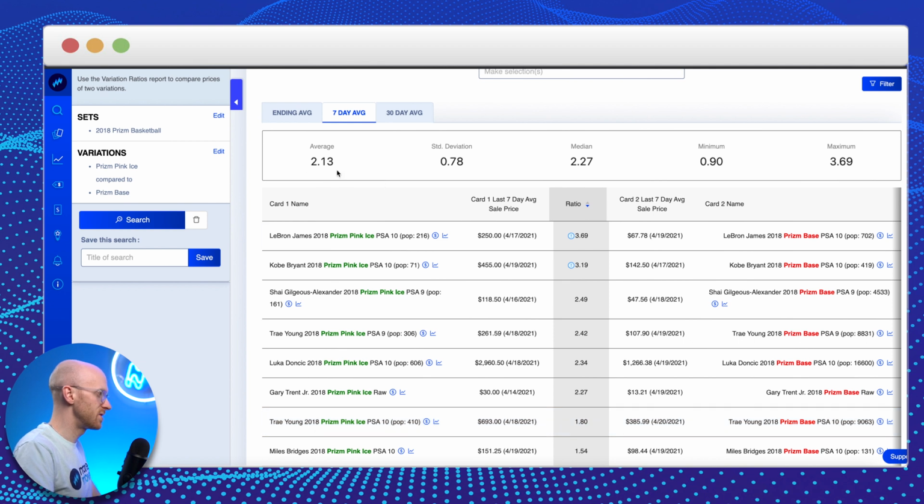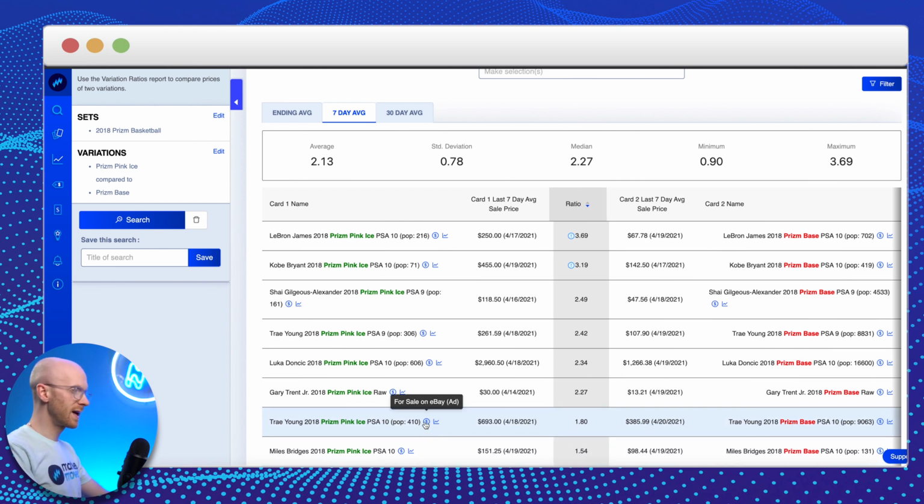Now the overall average is 2.13. The PSA 9 is hovering around 2.42, and the PSA 10 is at 1.8. So that is giving me another indication that this Pink Ice Trae Young PSA 10 is too low, possibly even somewhat criminally low.